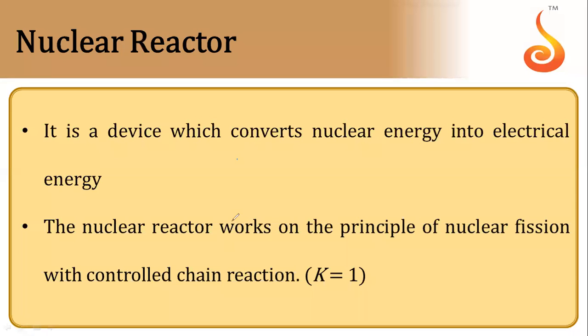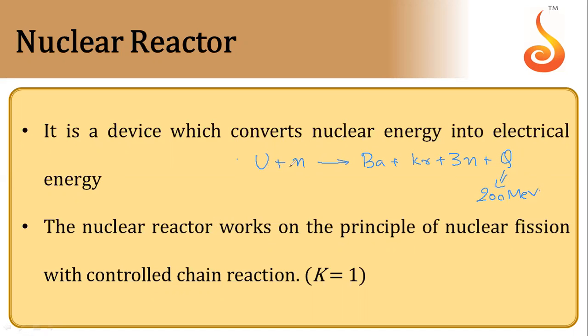Okay, so a nuclear reactor is a device which converts nuclear energy into electrical energy. It is based on the reaction that when uranium is bombarded with a neutron, it disintegrates into barium, krypton, releases three neutrons and produces energy, and that energy is equal to 200 mega electron volts.